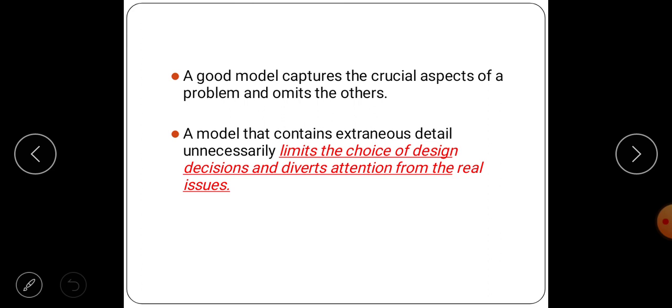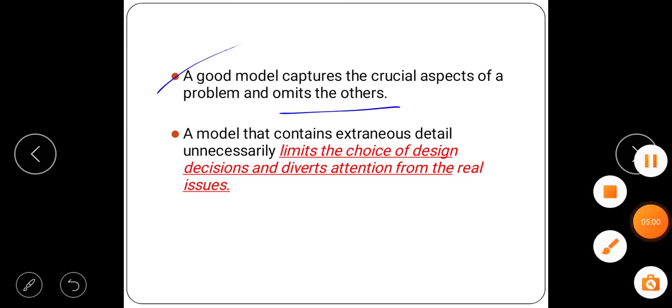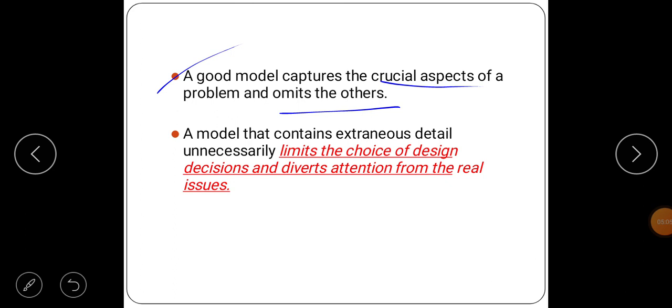Next, a good model captures the crucial aspects of a problem and omits the others. Crucial aspects, the very important aspects of the problem, are discussed and others are omitted, means we are going to neglect them. If a model contains more detail, what will happen?